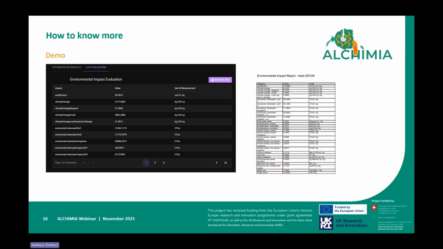And then they can evaluate the environmental impact if they apply this control operation to the ladle furnace, and so they can evaluate the LCA, the environmental impact of their production, having also the possibility to export a PDF file for the report of the heat.